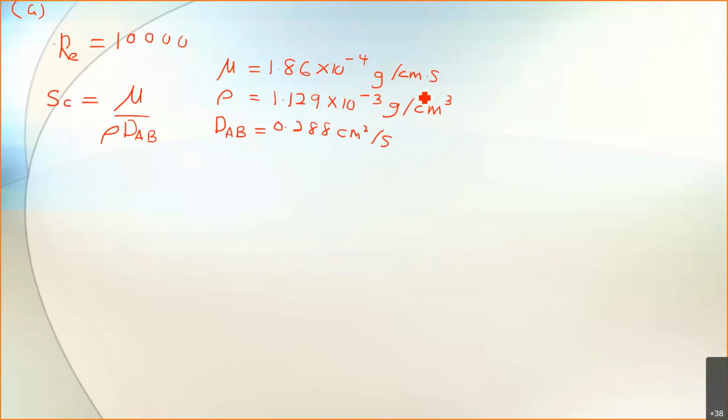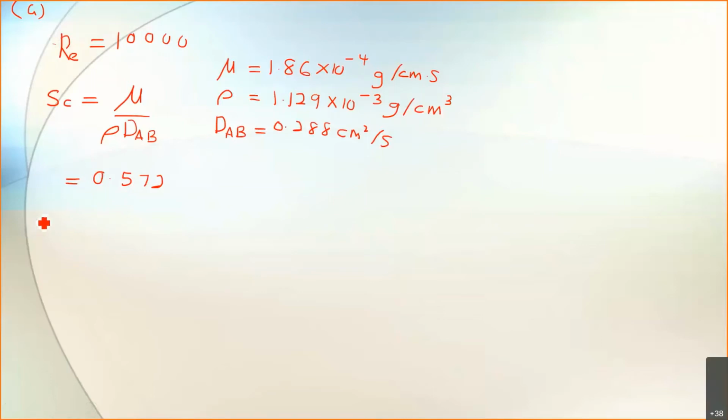Most of my units are in gram, cm, and second. When I substitute all the values, I should get a Schmidt number around 0.572. This is a small Schmidt number, less than 430.